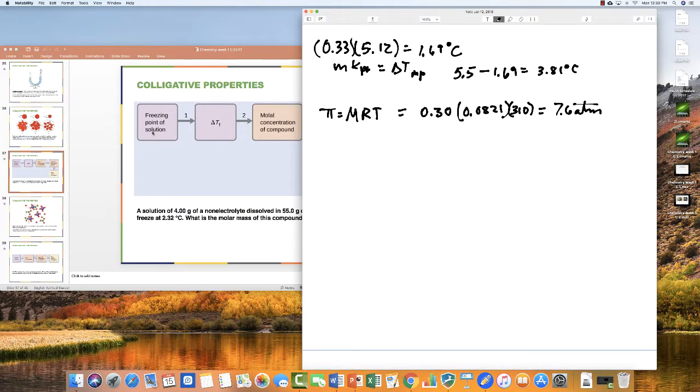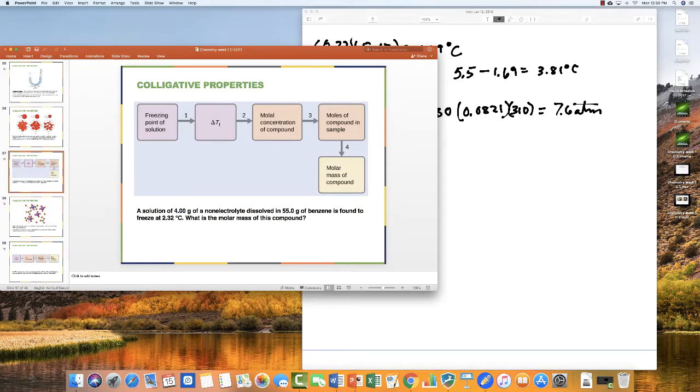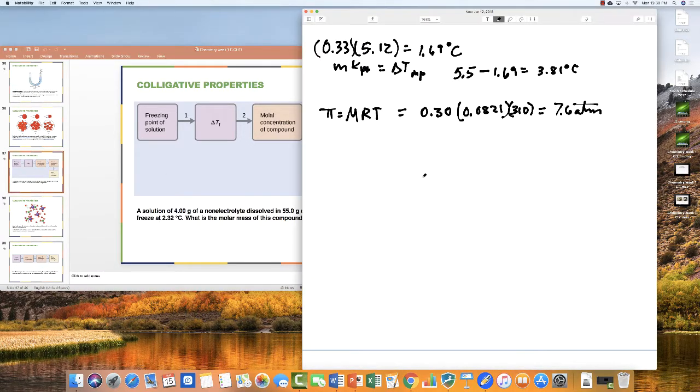First of all, here's the freezing point right here. So you use that freezing point to find delta T_f. In this case, it's benzene, so the original freezing point would be 5.5 degrees centigrade, and the new freezing point is 2.32. So the freezing point depression is 3.18 degrees centigrade.